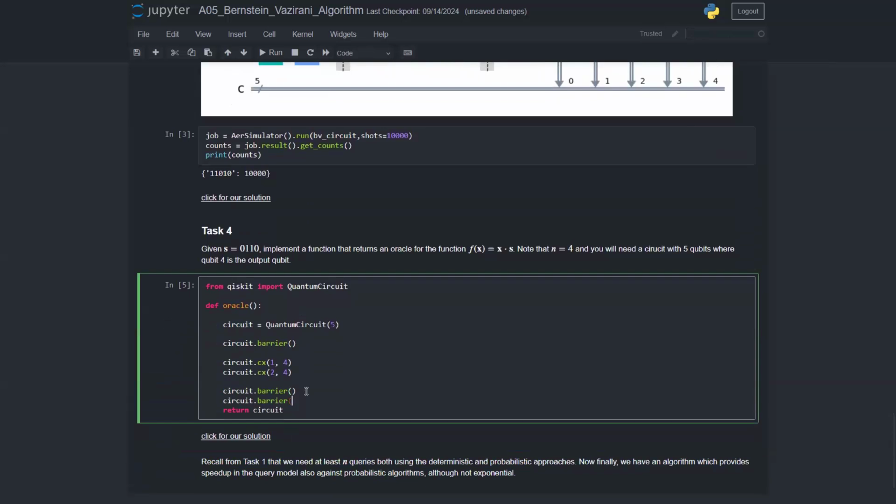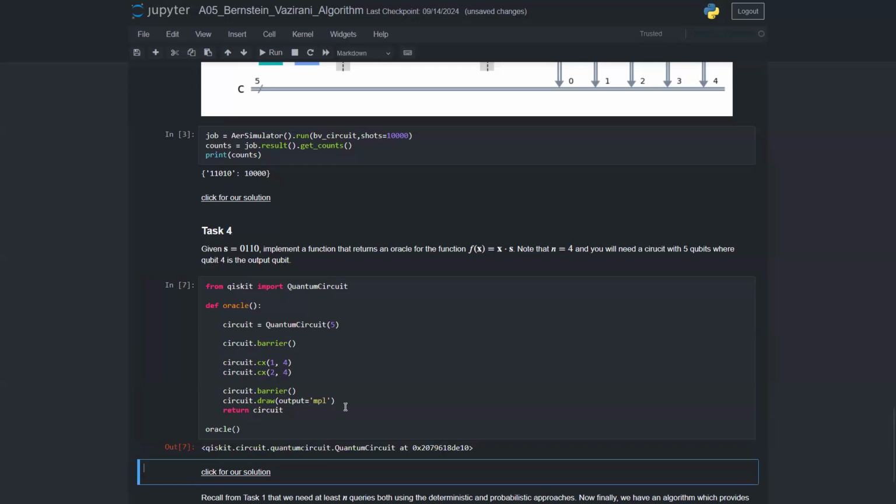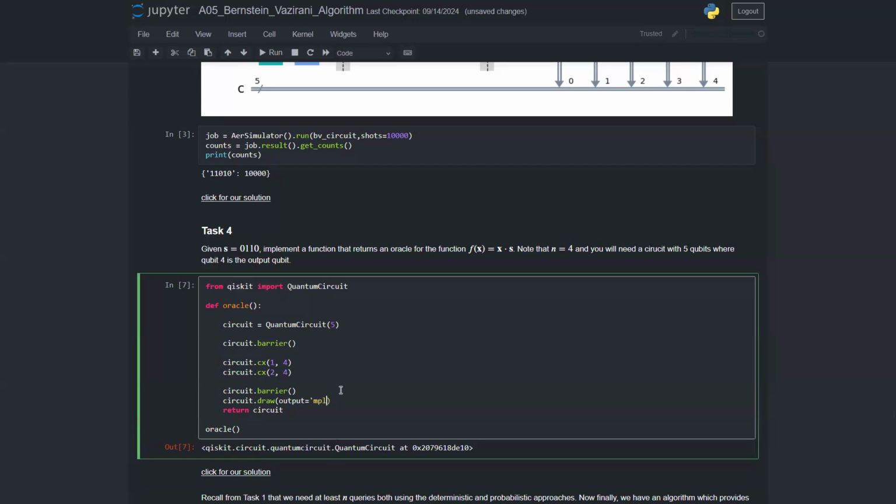We can do, and I guess Oracle. We're getting the circuit here. Display.